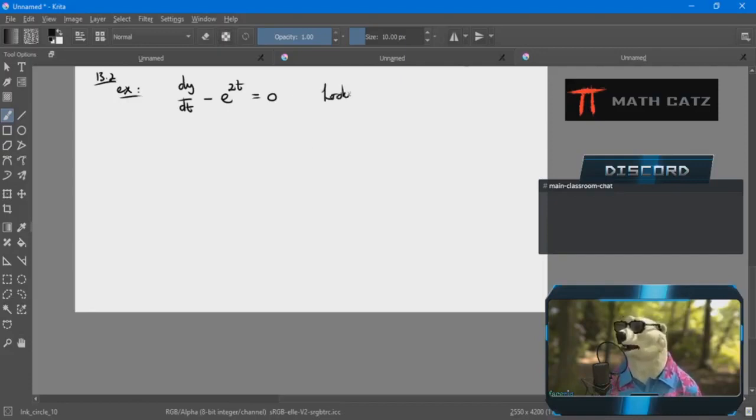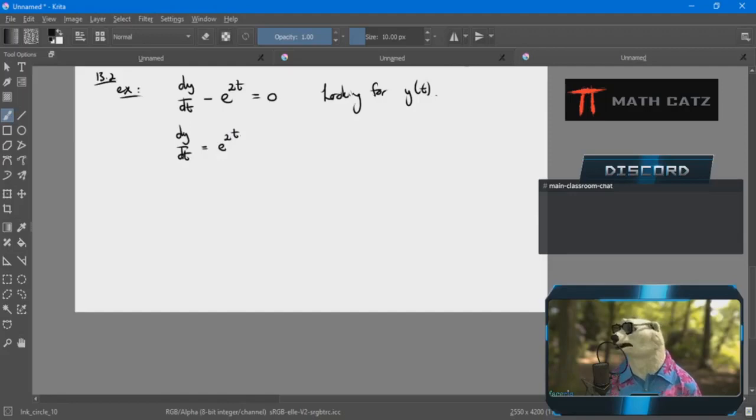So we're looking for a function in t, a function called y, based on this derivative's name, such that this equation is true. But I can rewrite this equation as dy dt equals e to the 2t.